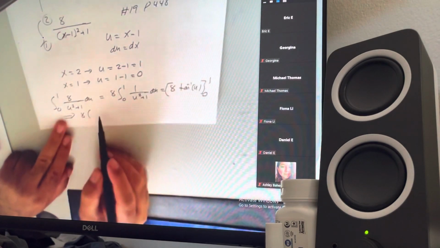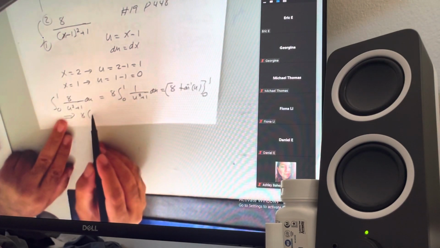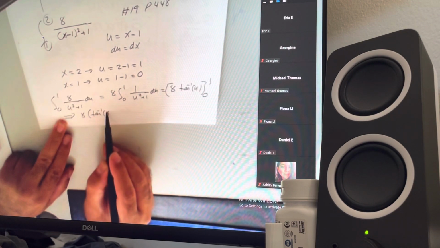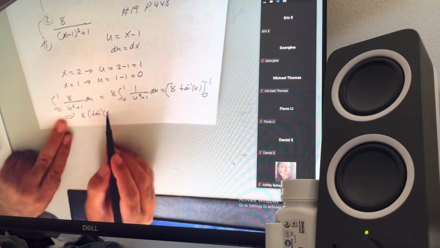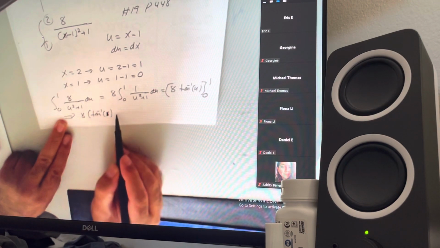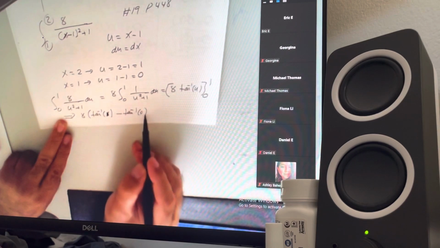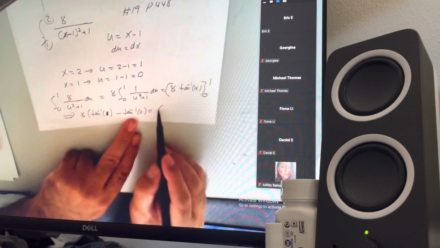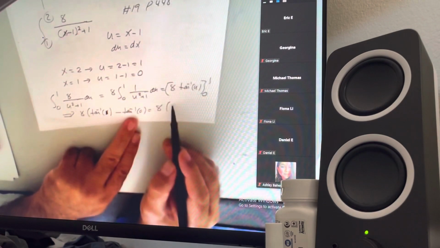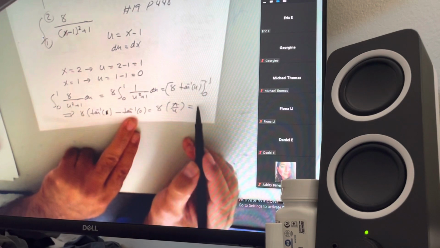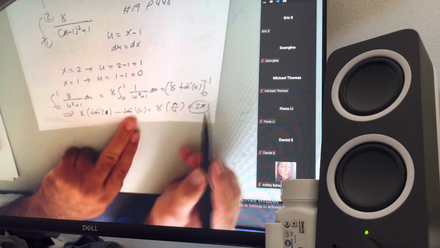For the upper limit on the inverse tangent, you can use your calculator. This would be the inverse tangent of 1 minus the inverse tangent of 0. Tangent is 1, that's 45 degrees, pi over 4, and this is 0. So the answer is 8 divided by 4, which gives you 2 pi. So that's the final answer.